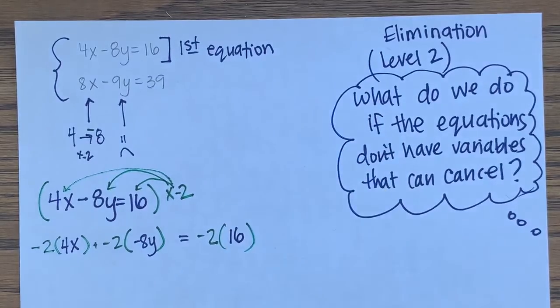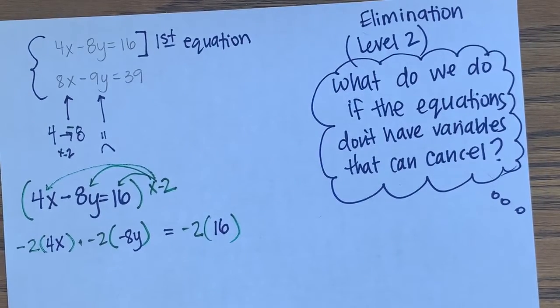So I am distributing my negative 2 to every single piece of my equation. If you don't do that, you don't end up with an equivalent equation and you've changed the value of your equation, so you can't do any process anymore once you've done that.